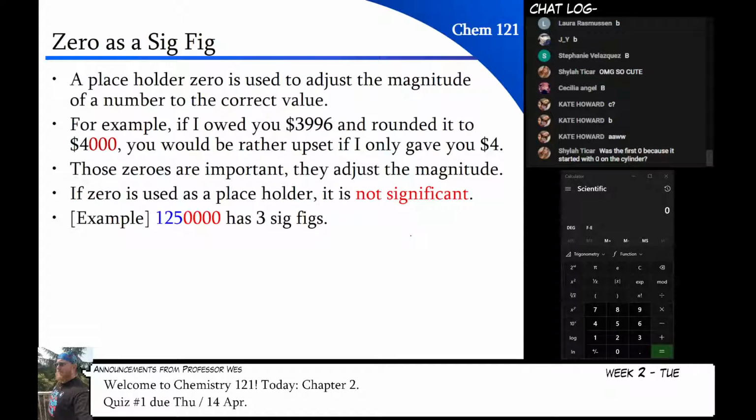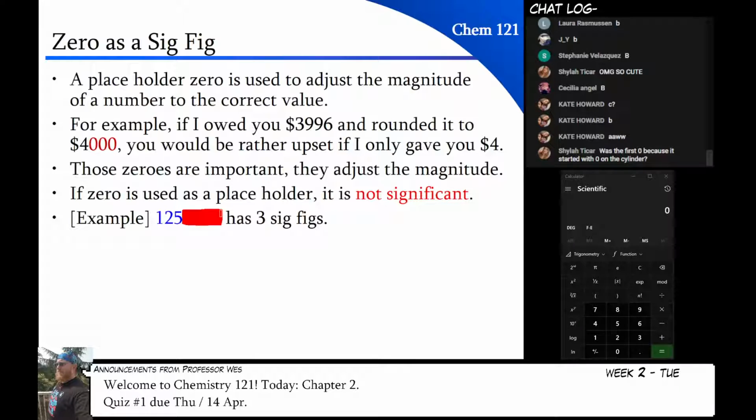If you have a 0 and it is used as a placeholder, it is not a significant figure. Now, how do you know if a number is a placeholder? Here's what you do. If you take your zeros and you cover them up, does the magnitude of the number change?